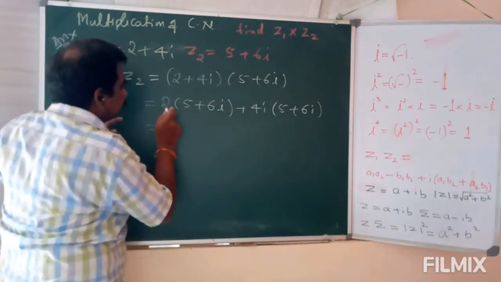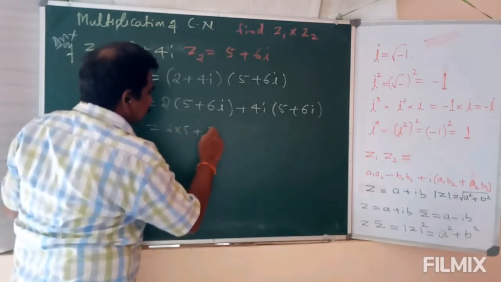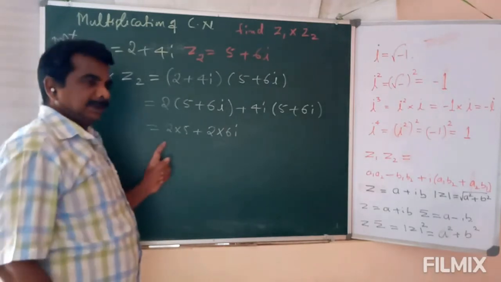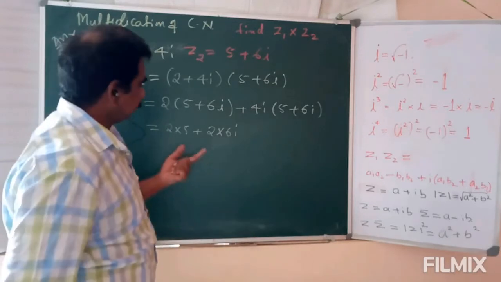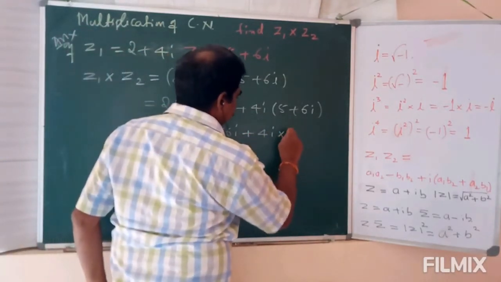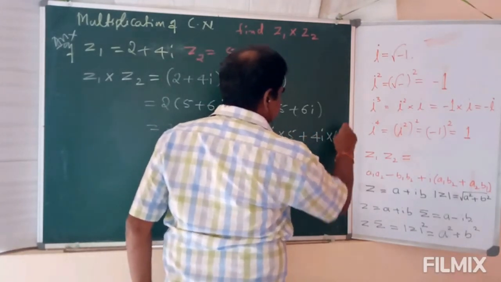Now simply 2 into 5 plus 2 into 6i. Direct you can write like this. Plus 4i into 5 plus 4i into 6i.